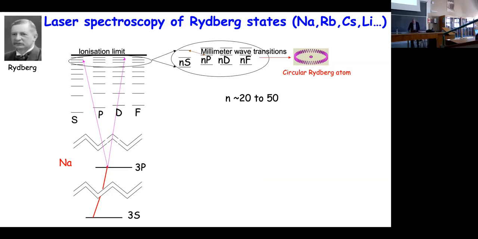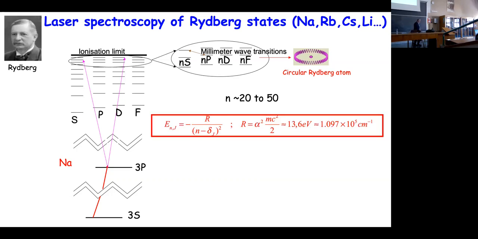So if you look into more details, as I told you before, the energy of an n state is R over n squared. In fact, it's not exactly R over n squared. In fact, it's (n minus delta L) squared, with delta dependent on L. This is a small number compared to n, but this is called the quantum defect.